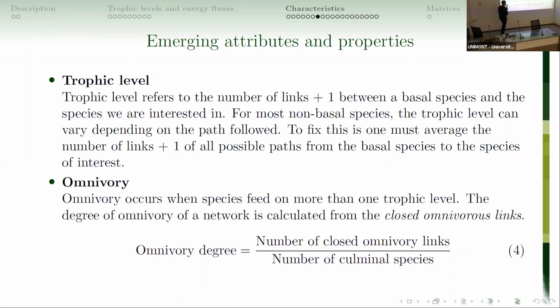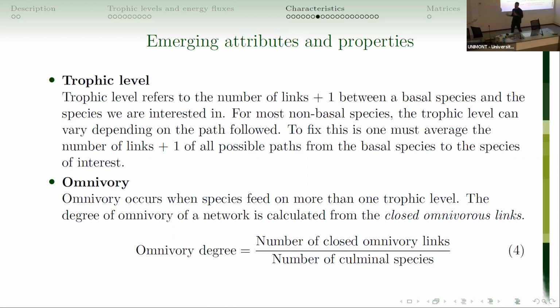So the degree is the number of trios divided by the number of culminal species. In our food web, it would be 1 divided by 1, right? So if there were another link, it would be 2 divided by 1. So the more closed omnivory links, the higher the stability, right? That's what you say.